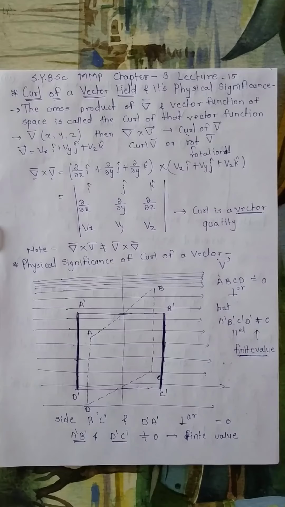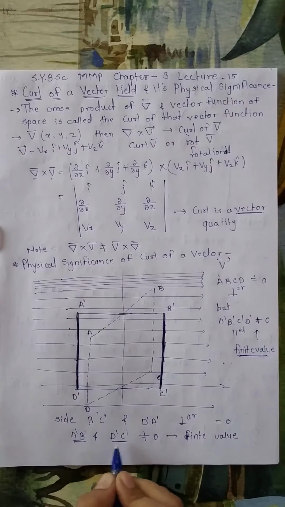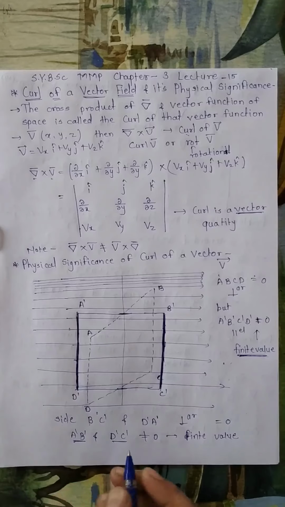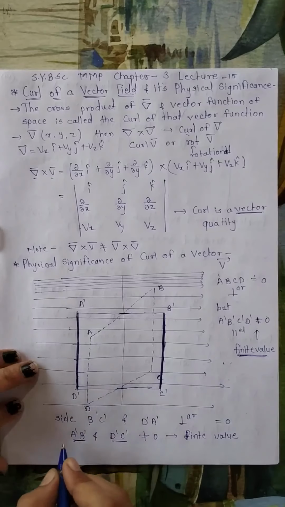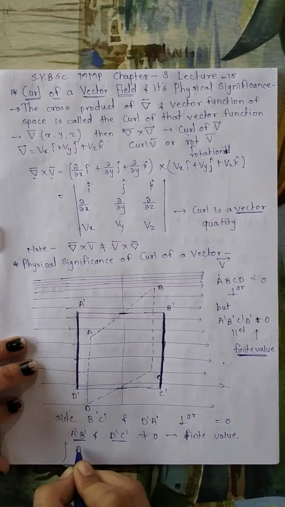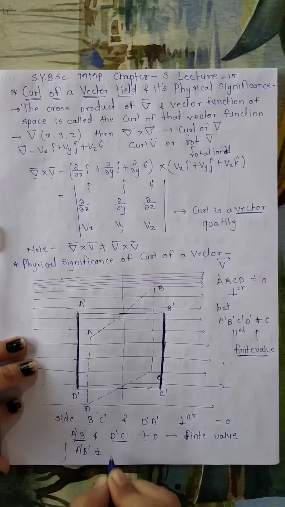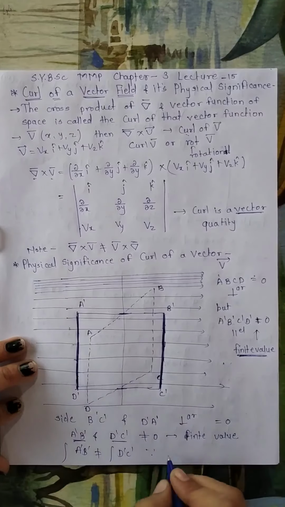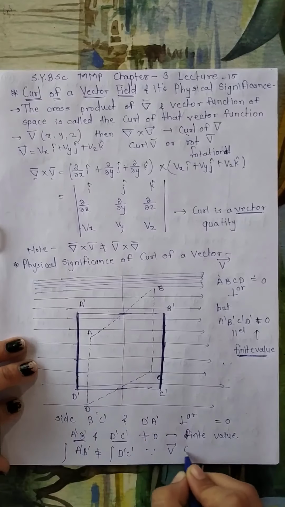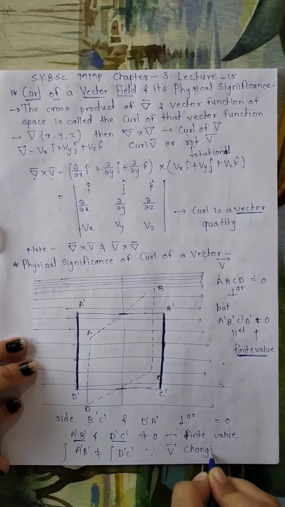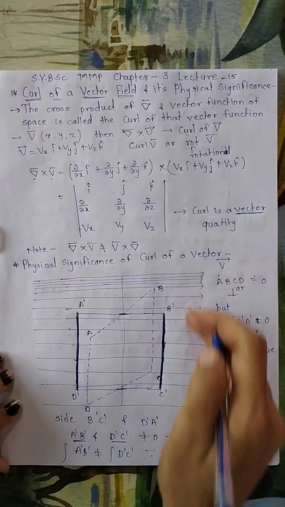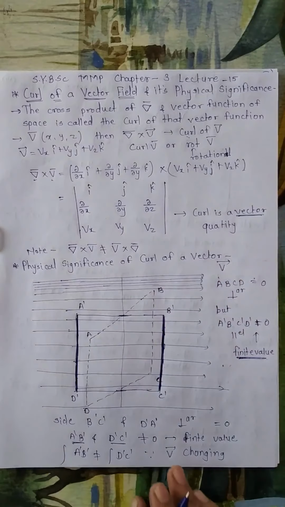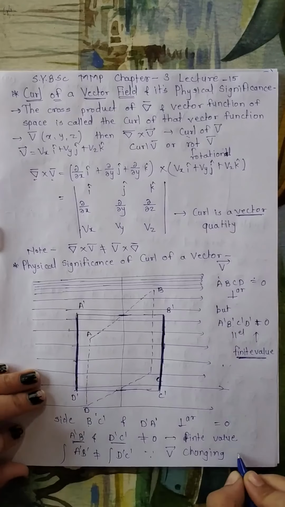So these finite values for these both lines will be different. That means the line integral along A dash, B dash will not be equal to the line integral along D dash, C dash, since our field V bar is changing. Since V bar is changing, the line integral along these two boundaries is not equal.